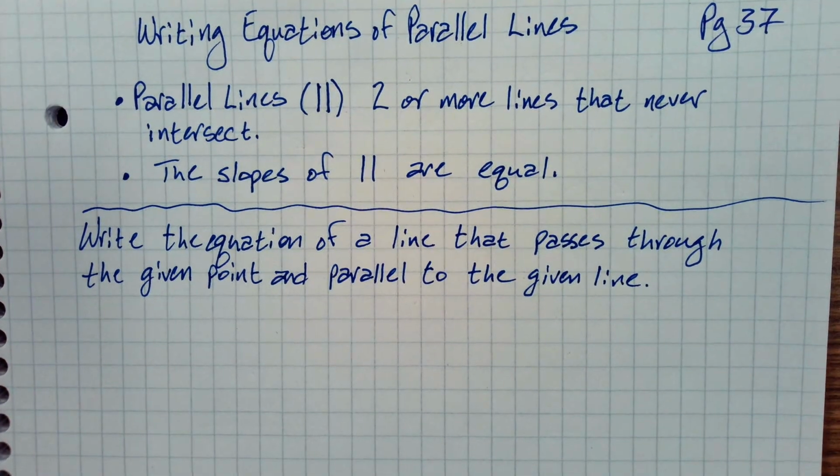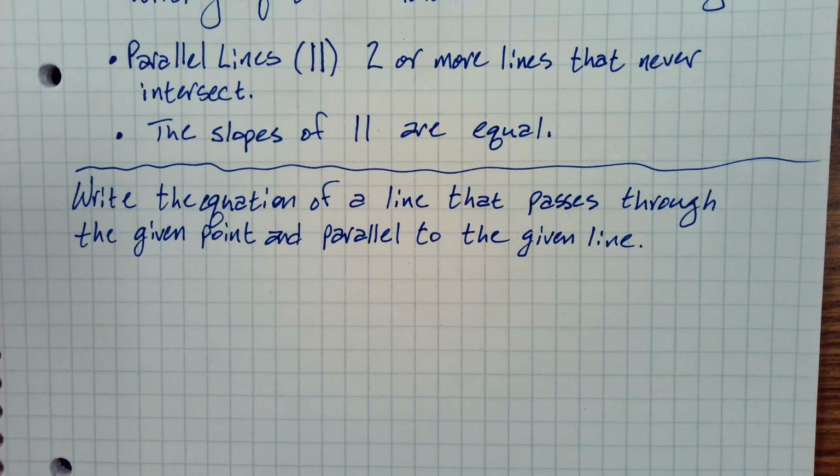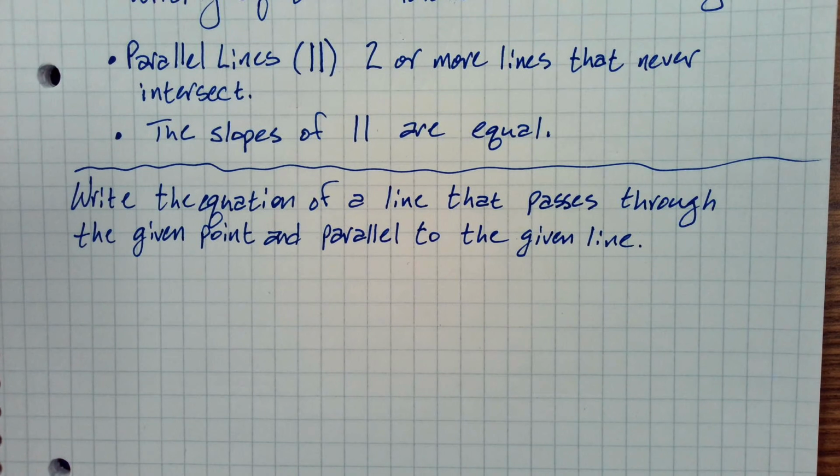So write the equation of a line that passes through the given point and parallel to the given line. Okay. So let me get the rest of my stuff here.